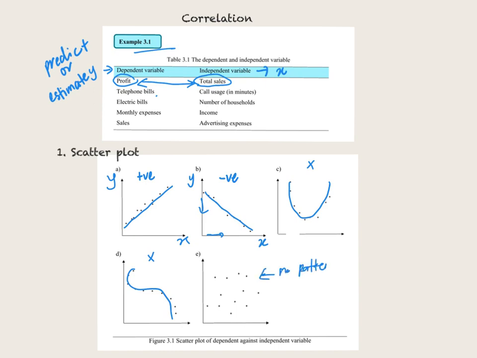In this case, we consider it to be no relationship. So we are going to cover three types of relationship in this subtopic: first, positive, negative, and then the last one, no relationship.